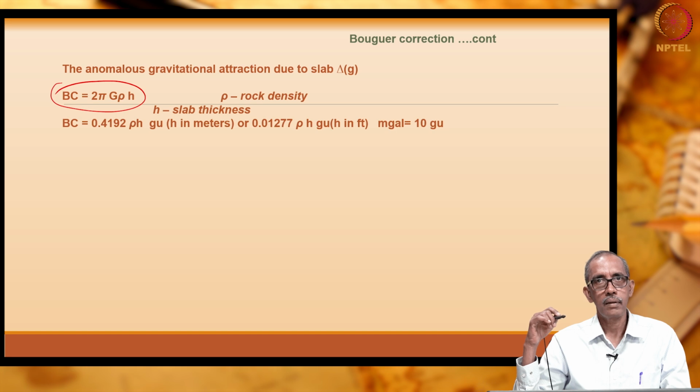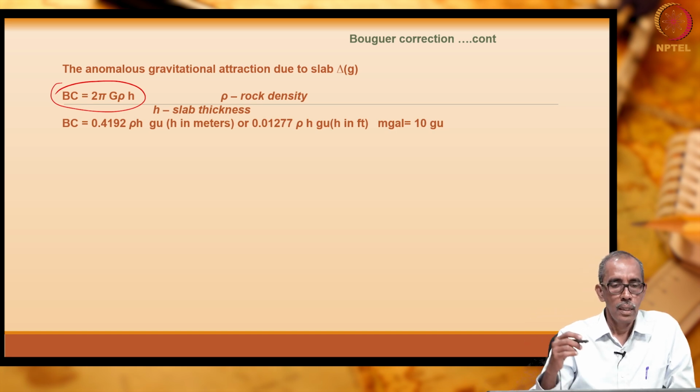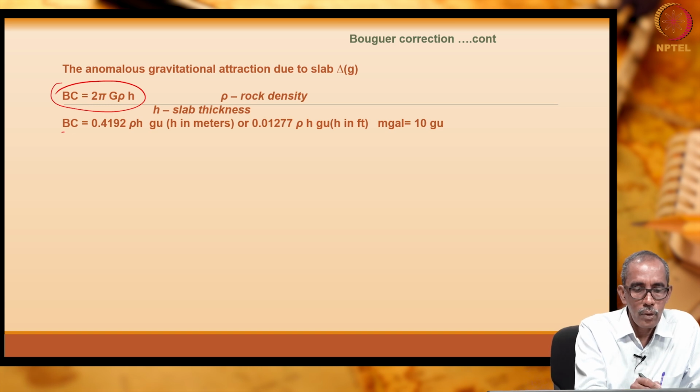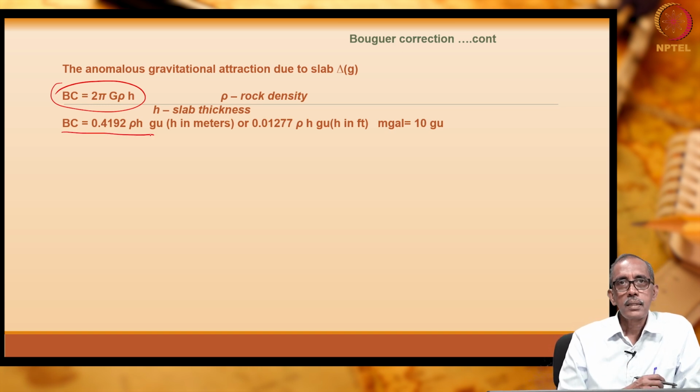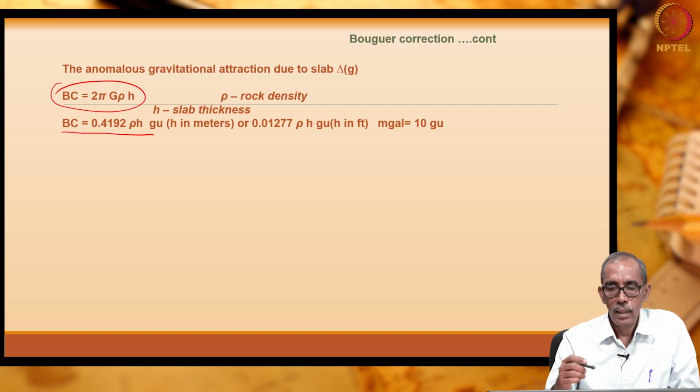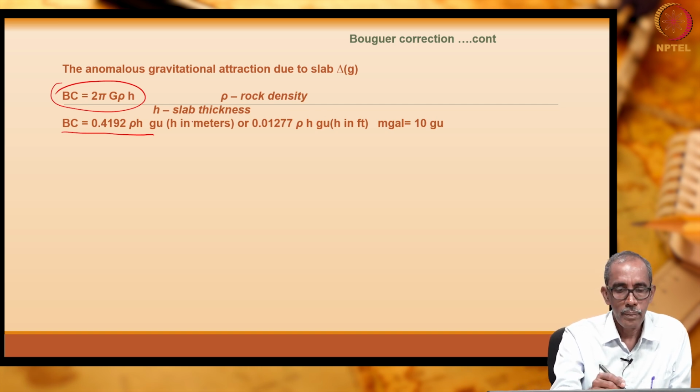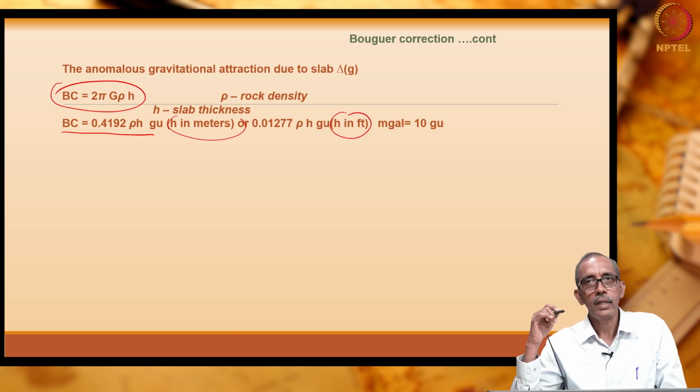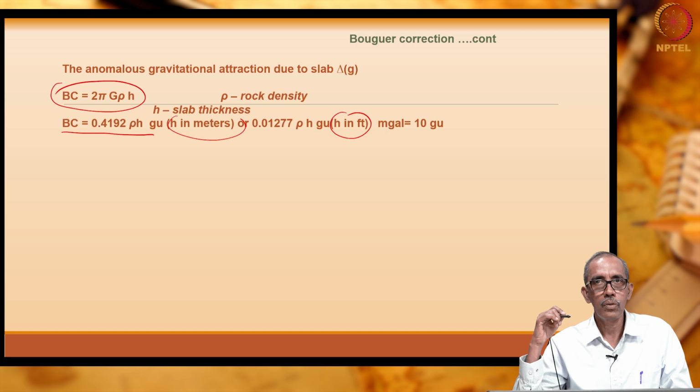G is the gravitational constant. The Bouguer correction is approximately 0.4192 rho h in gravity units, if you take the height in meters. If you take the height in feet, the gravity correction will be 0.01277 rho h.